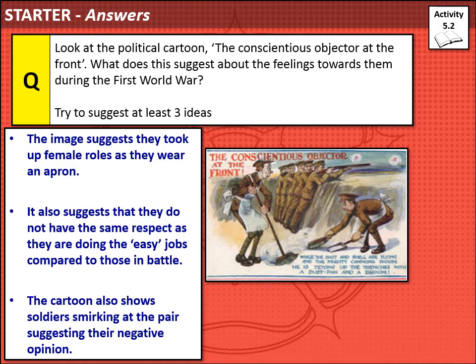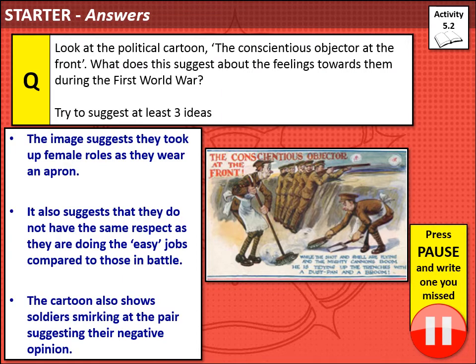The cartoon also shows soldiers smirking. As you can see, there's a few of those, maybe 3 soldiers there, looking towards the conscientious objectors. And this suggests their negative opinion on these objectors that refuse to fight in the war.